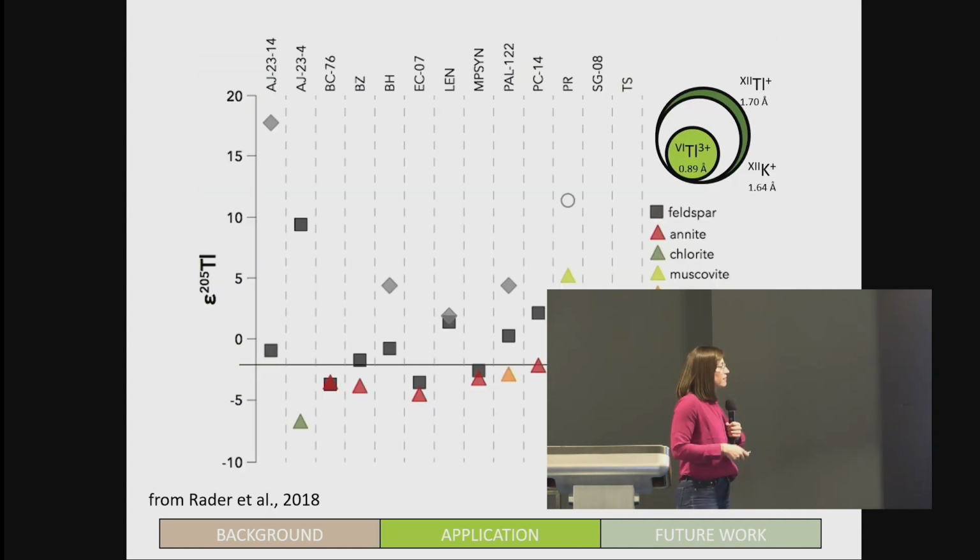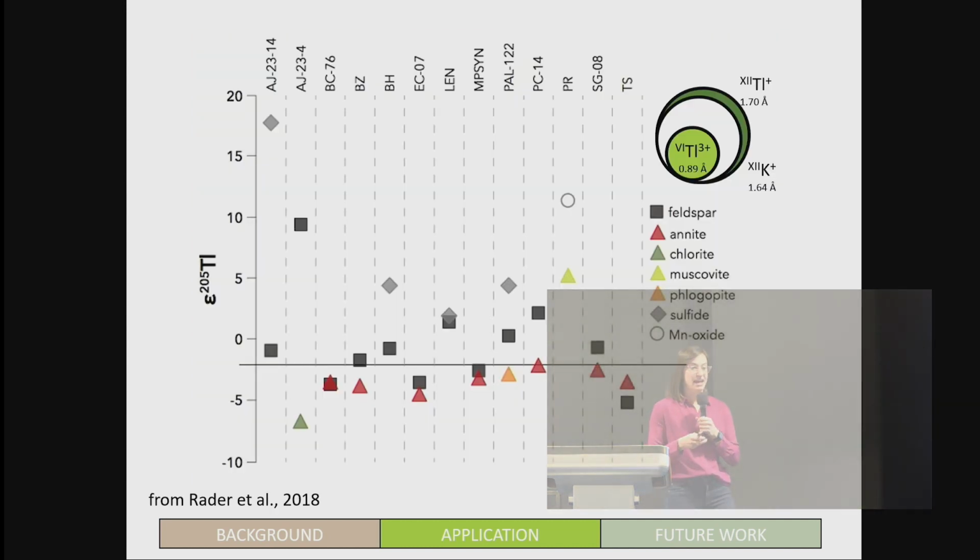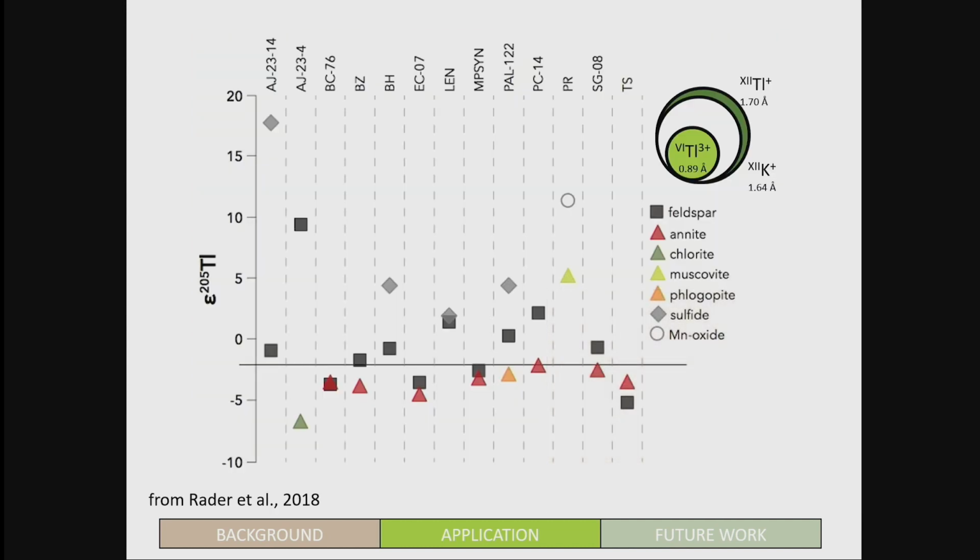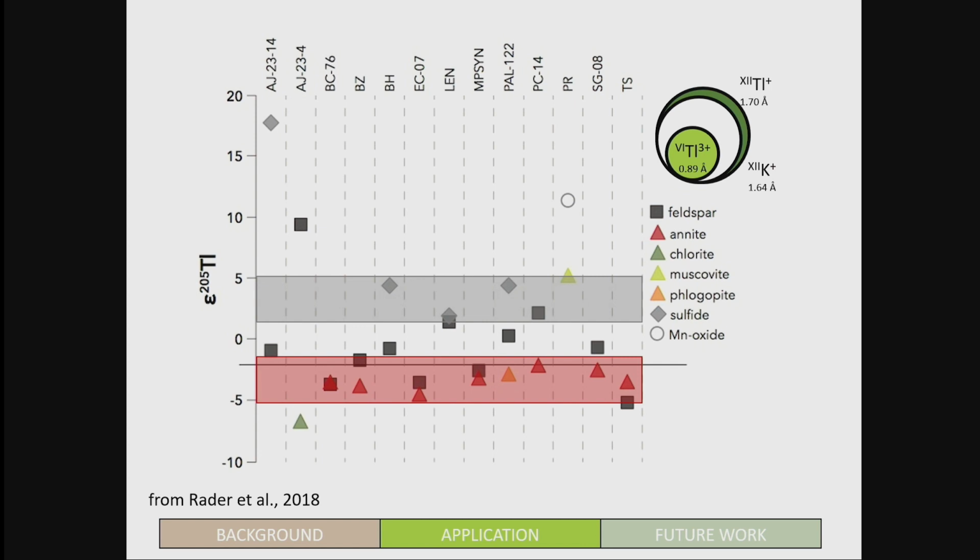And what we ultimately found was, if we looked at coexisting mineral phases, so minerals that were crystallizing more or less in equilibrium during different sorts of processes, that we saw patterns where things like sulfides, which are highlighted here in gray, tend to be much heavier than their coexisting silicates, so things like micas here in red.